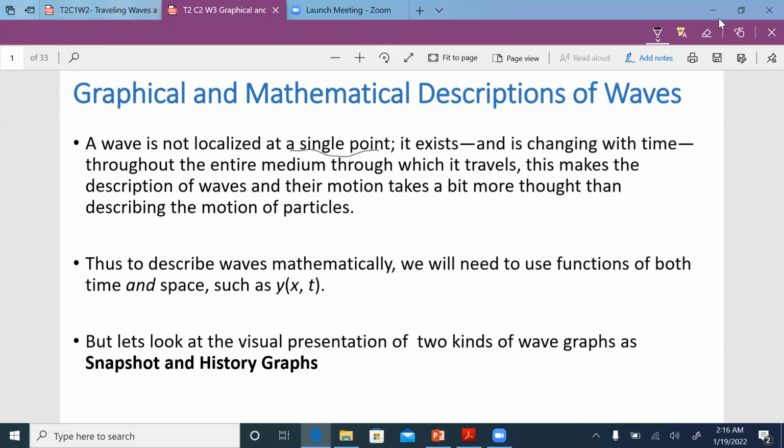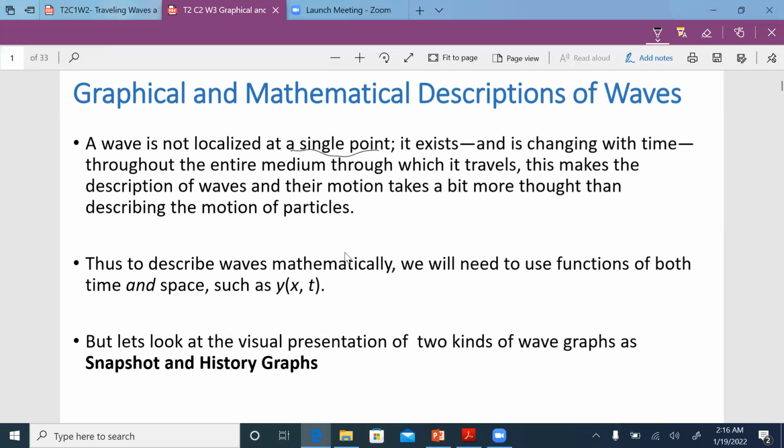Because wave most times is occupying the whole medium, it's not just one single trajectory that we can draw. So we have graphical and mathematical ways to describe that as well. Okay, so we'll be looking at that in details in the next few slides.